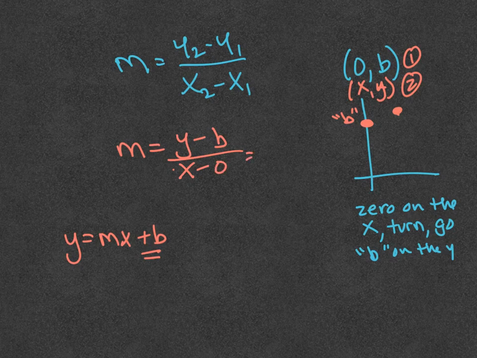So they just are trying to point out to you that if you're given the y-intercept, then you would know, let's say we had a problem that was mx plus 5, then what you're going to know about this coordinate on the coordinate plane is that it's 0 on the x, turn, and go 5 on the y.